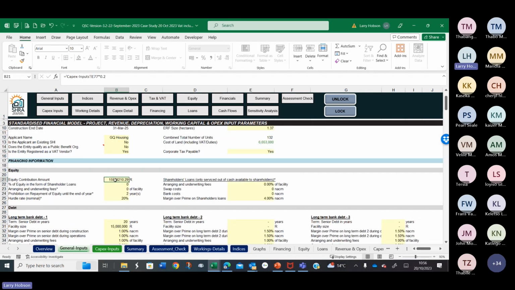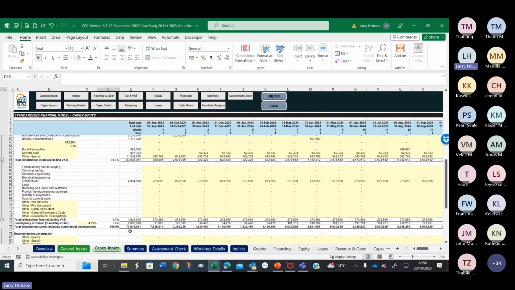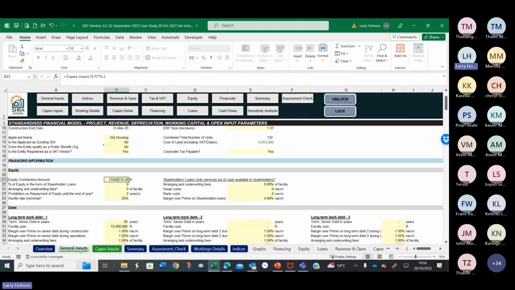Right, we need to do 20% equity. So I've taken the total from CapEx inputs, taken 20% of that total CapEx number, and put in 20%. So hopefully that works through nicely. I haven't made anything on shareholders' loans, nothing fancy, no underwriting and arranging.